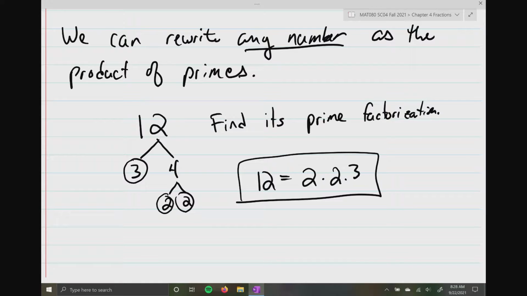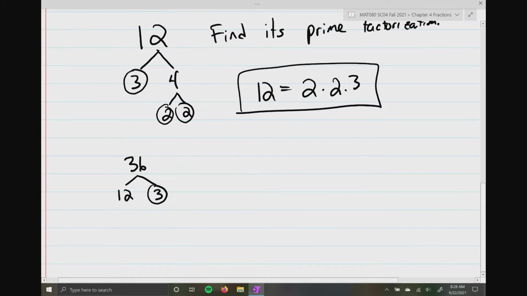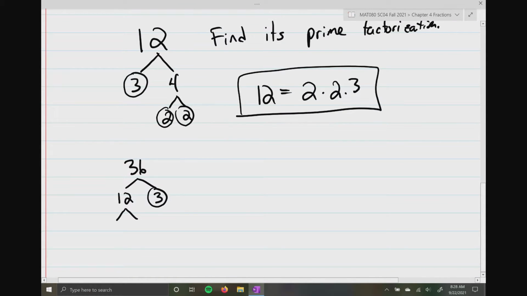All right? Now, let's do another one. Let's do 36. With 36, I'm going to break this down. I don't care what two numbers you give me. Just give me two numbers that multiply to give you 36. 12 and 3. 3 is prime, so let's break this down a little further. 12, well, we just did 12, so we could just copy what we have.